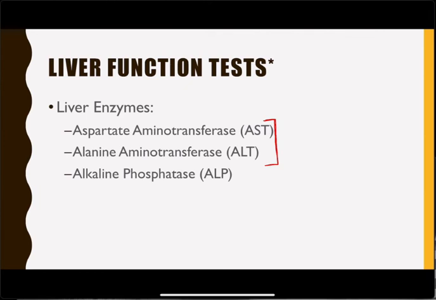Both of these enzymes are liver enzymes involved in metabolic reactions, in the hepatocytes doing their normal metabolism jobs. So if you see AST and ALT in the blood, these are signs of hepatocyte injury.